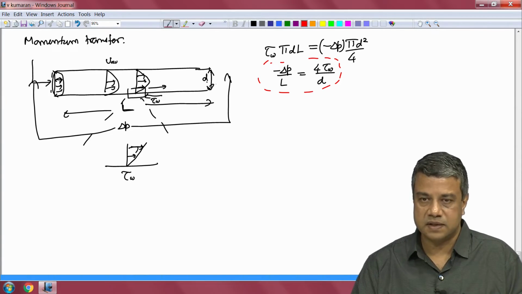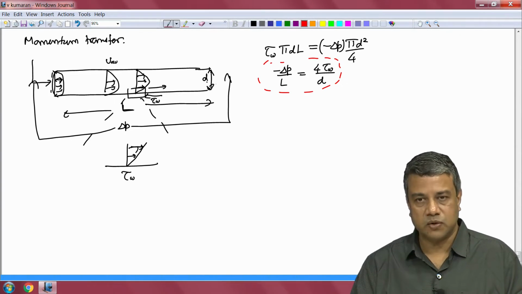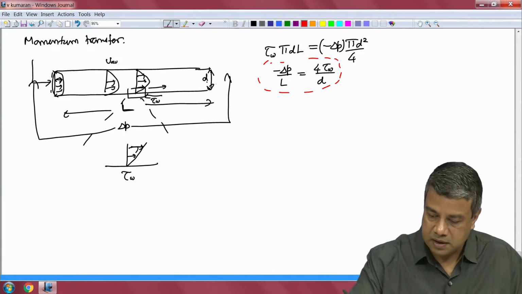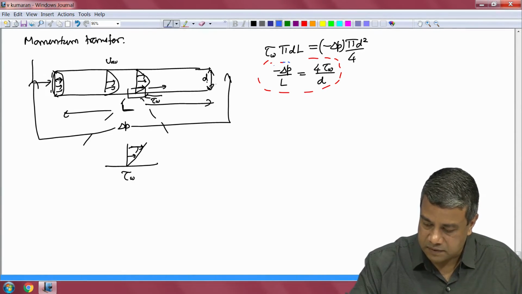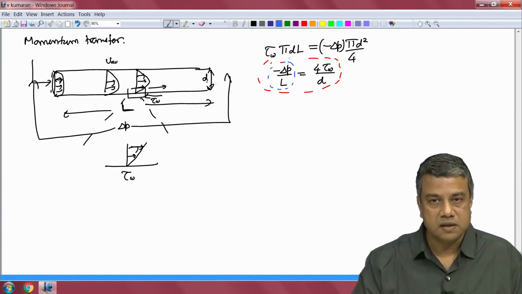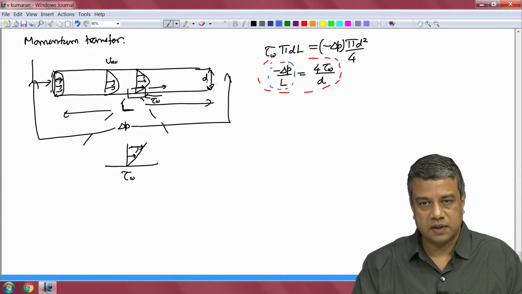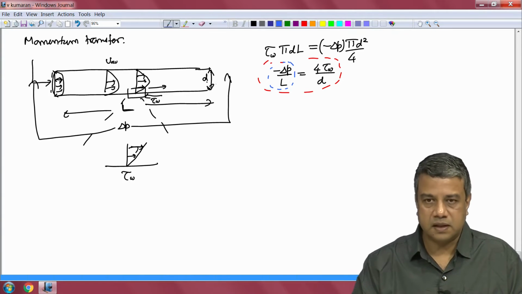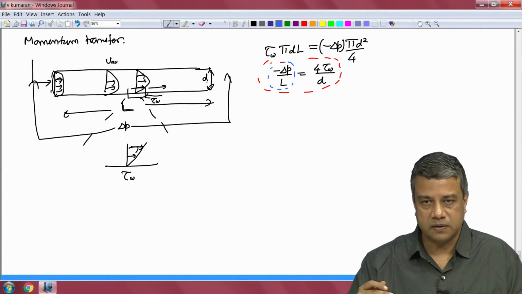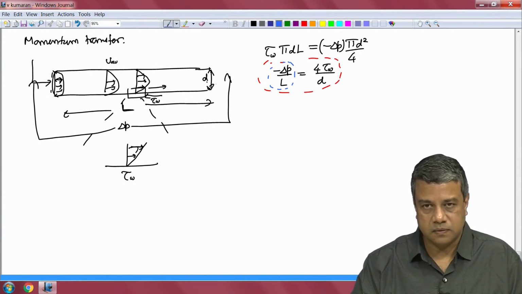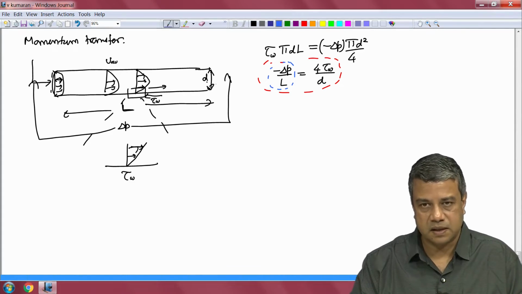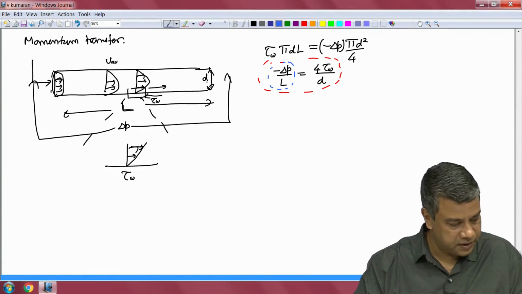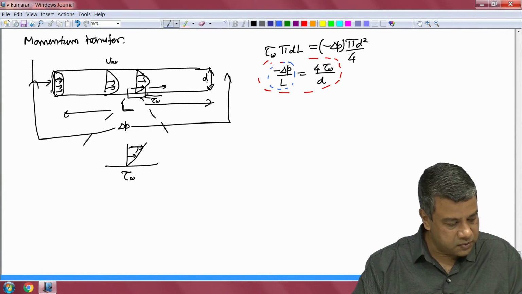Therefore, correlations are written not for the pressure difference itself, but rather the ratio of the pressure difference and the length of the pipe. So this is the quantity that will be used for writing correlations. Either you write it in terms of the pressure difference per unit length or in terms of the wall shear stress. Either of these can be used for writing the correlation, because the two are simply related.